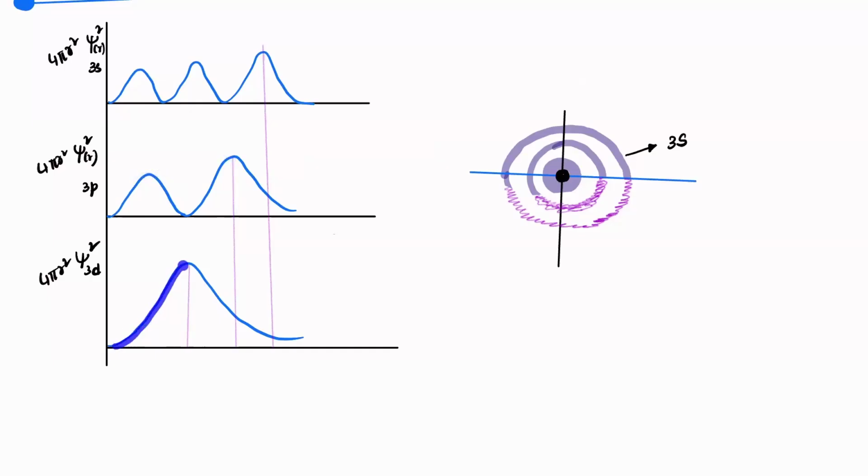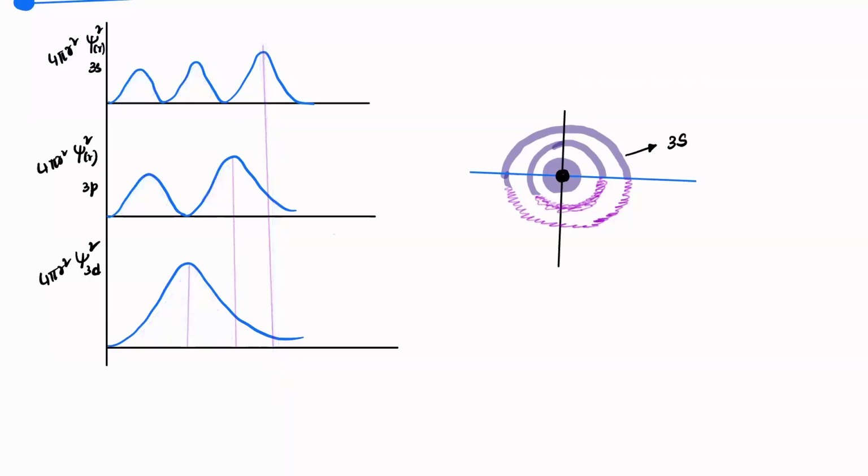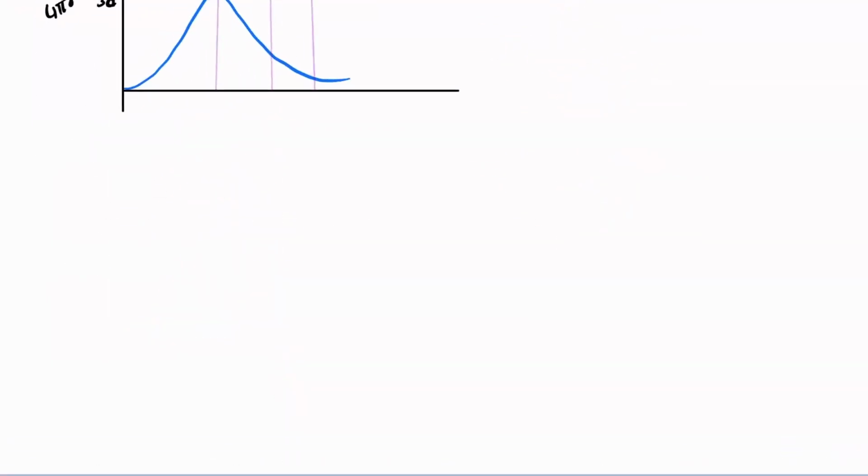And for 3d, there is only one peak at a lower distance here. If I take this particular point as the boundary of 3s, that means electron density of 3s is more observed inside, slightly less observed for 3p, and very less observed for 3d. So that's the important note we need to understand here.